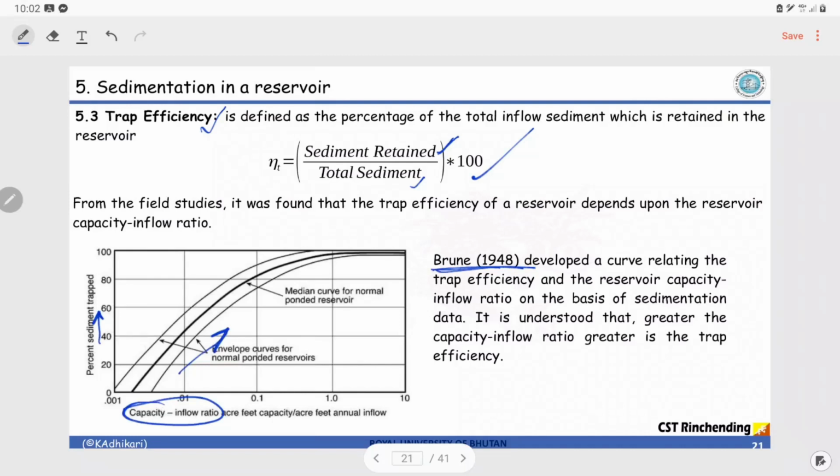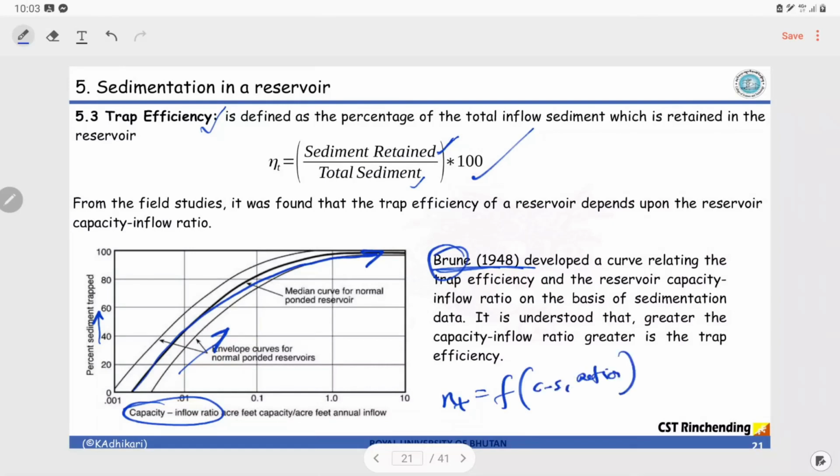If you plot the capacity inflow ratio with the sedimentation of a particular reservoir, you will always find that as the reservoir capacity increases, the sedimentation also increases. This study was first conducted by Brune, who found that trap efficiency is a function of capacity inflow ratio.